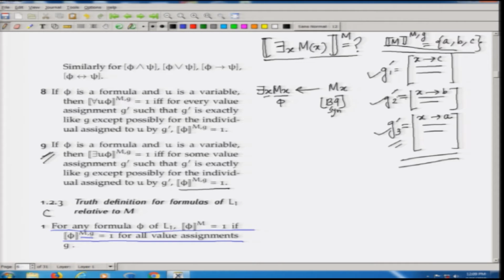Now we find it even g, because all a, b, c, all three belong to it.